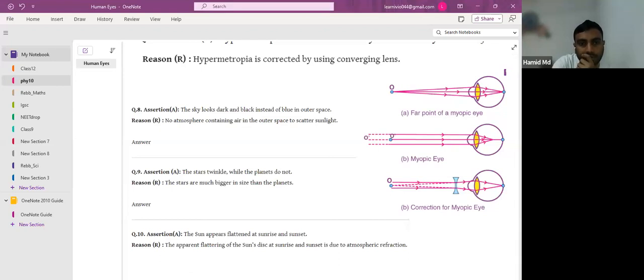What about the next one? What is the reason for question number 10?